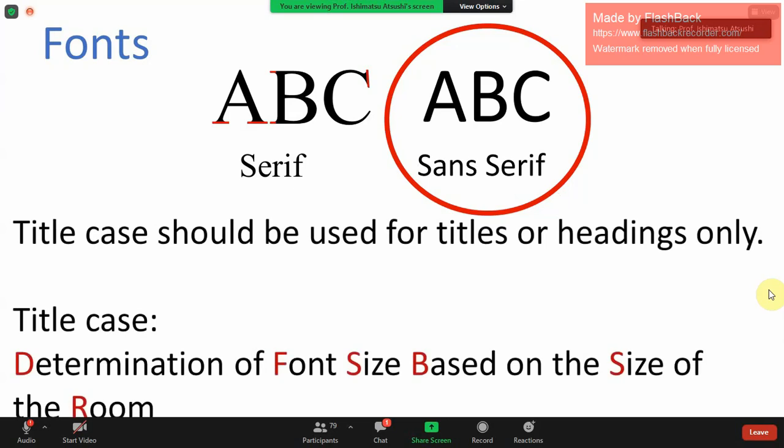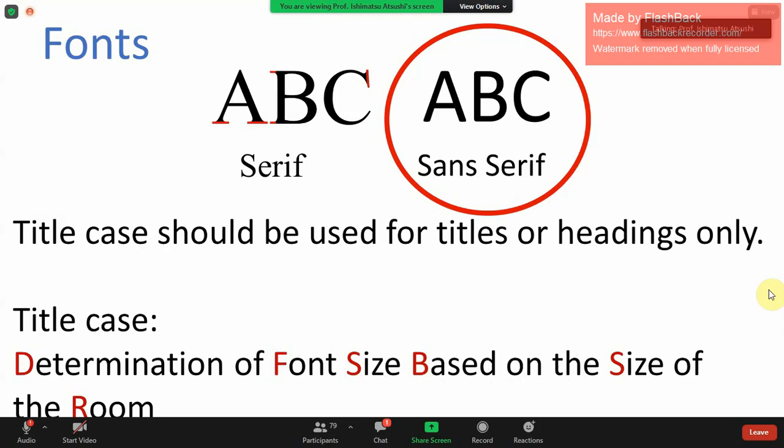Another thing is the use of case. In titles, sometimes you use capitals for the first letter of words, but not on prepositions like here or articles like there.